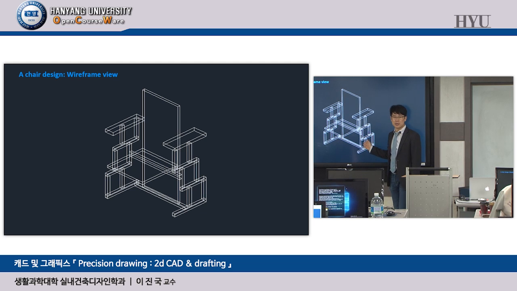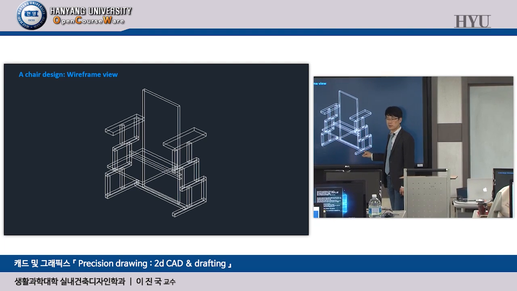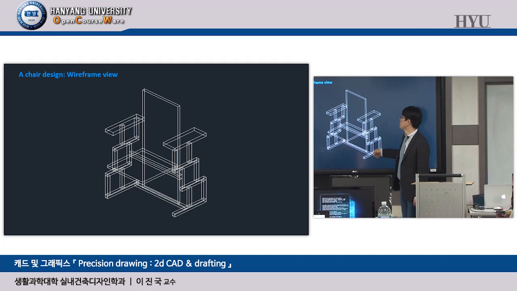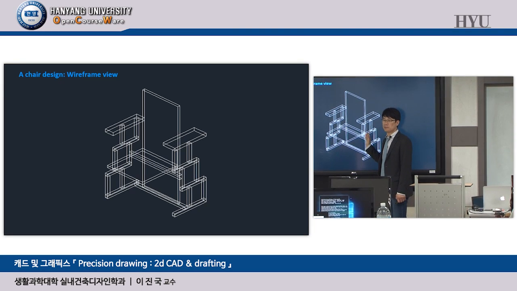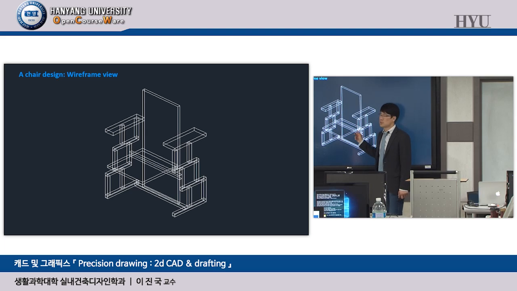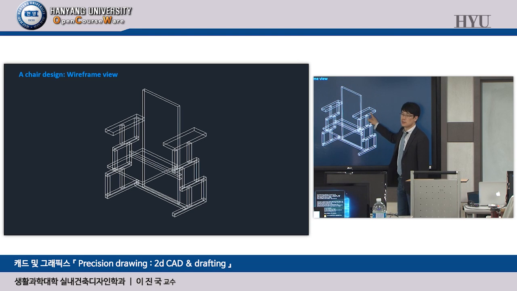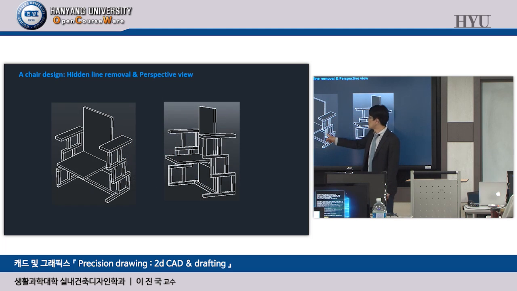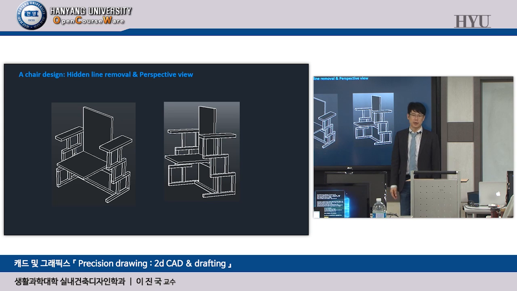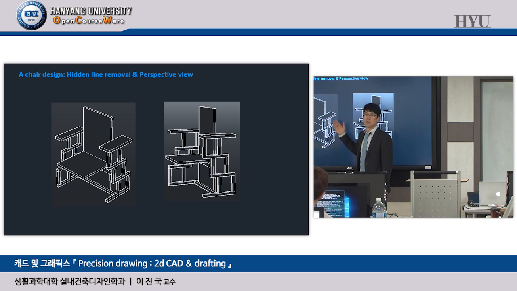But actually, when you see this kind of 3D, what is this? This is a standardized 3D view, so-called isometric. Isometric 3D view, but a different style. The style for this one is wireframe. This is wireframe, that is why you can see entire lines, even if they are invisible. Take a look, at this time, hidden line removal. And also, this is not isometric. Those are perspective. Perspective drawing with hidden line removal rendering.